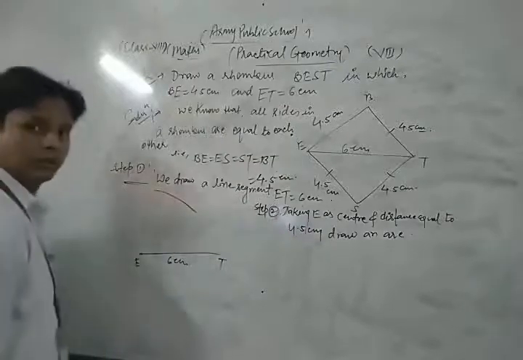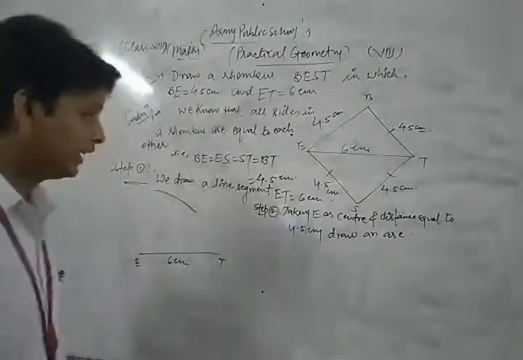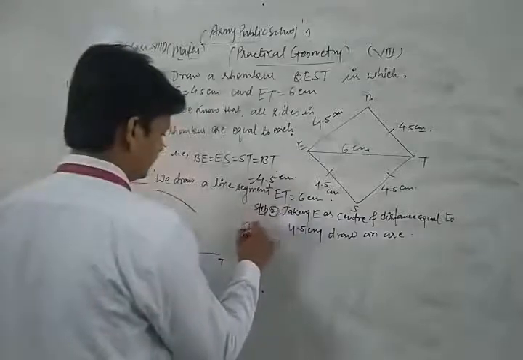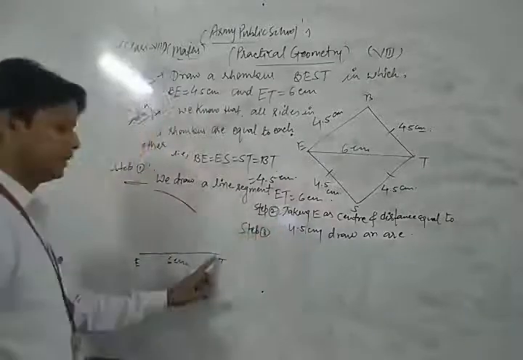This is an arc. Now, what do I do again in the third step?